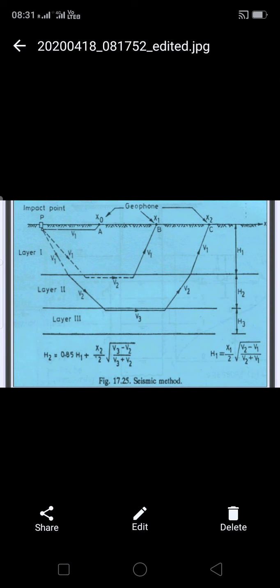Then the value of h1 will be equal to x1 upon 2 times the square root of (v2 minus v1) upon (v2 plus v1). Here x means the displacement from the point P to the geophone points x1 and x2, and we also need the time the wave takes to reach geophone x1.